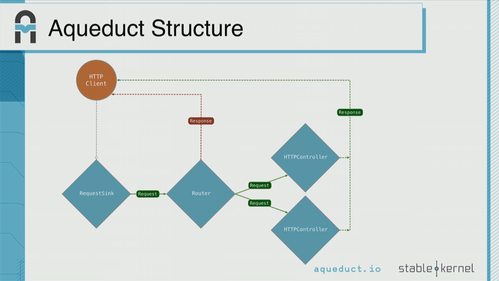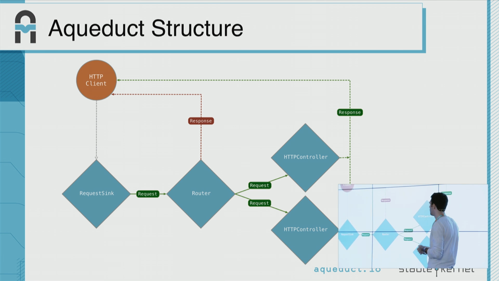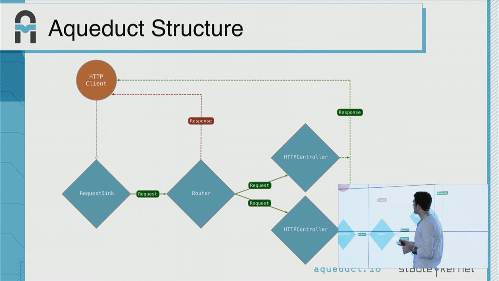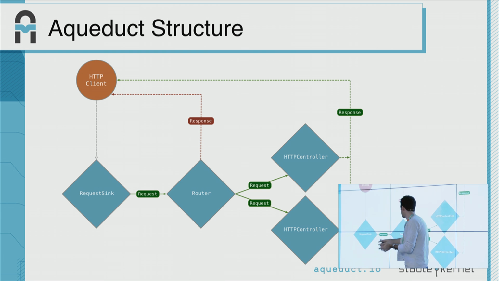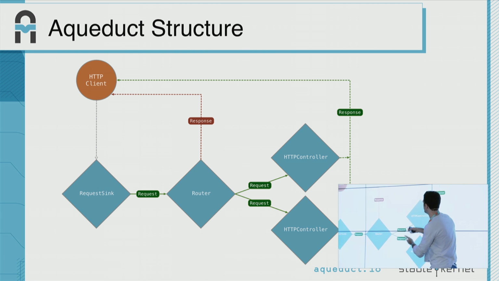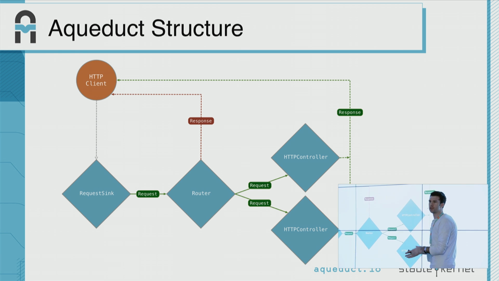So, if you're going to write that code, you need to understand how it works. And it's pretty simple. There's nothing really revolutionary about this. A lot of frameworks do the same thing. You have this concept of request controllers, and they form a stream. When an HTTP request comes into the system, it starts at something called a request sink. That request sink forwards it on to a router, and that router forwards it on, based on the path, to different HTTP controllers or different types of things that are going to handle that request.